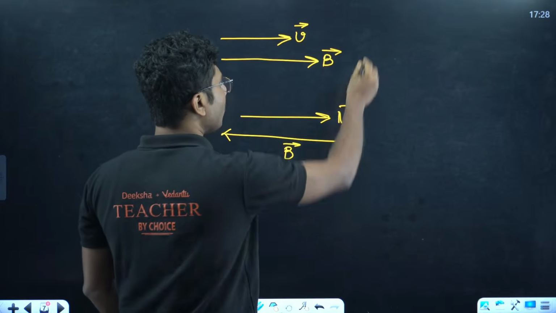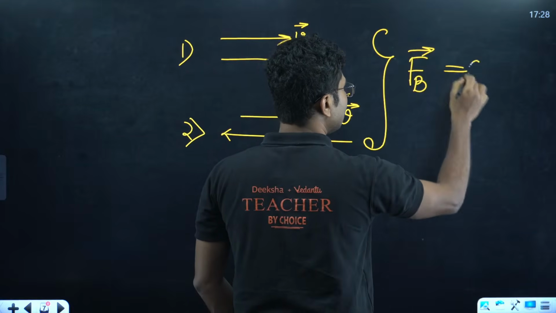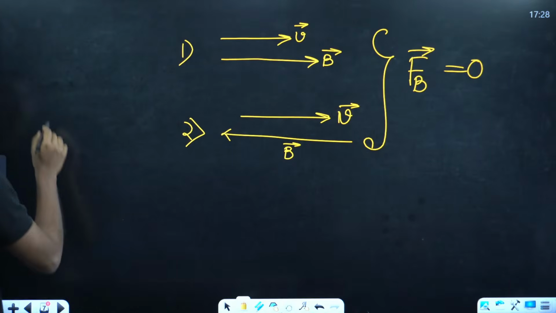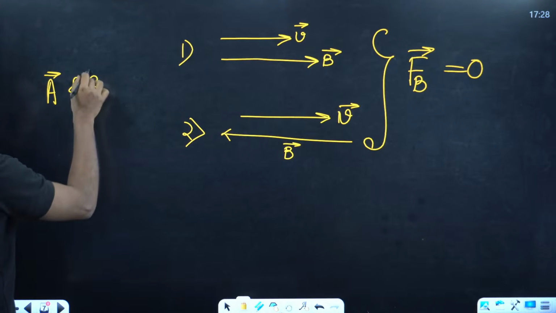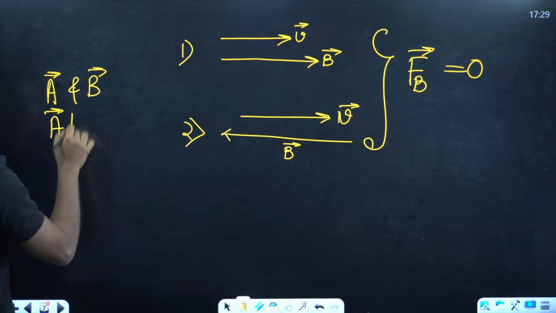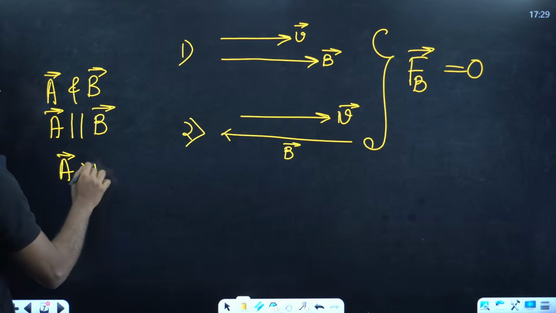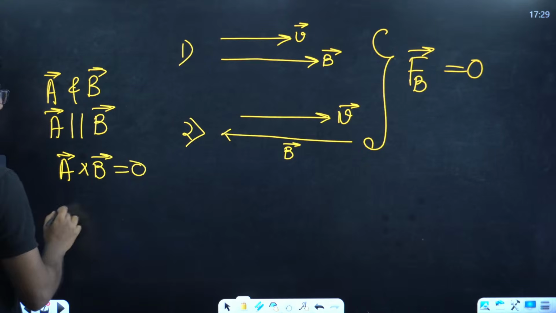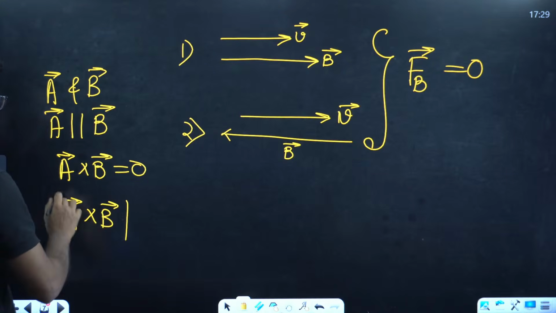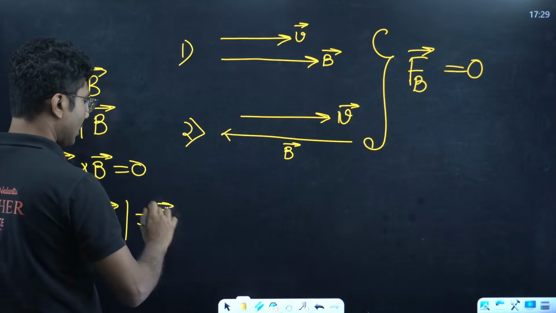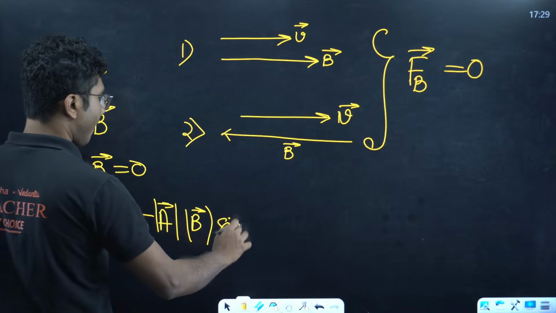In both cases, magnetic force acting on the charged particle will be 0, because the cross product between two parallel vectors, suppose two vectors A and B are parallel to each other, then their cross product becomes 0. Why so? If you remember, the magnitude of the cross product comes out as magnitude of A, magnitude of B into sine theta, right?